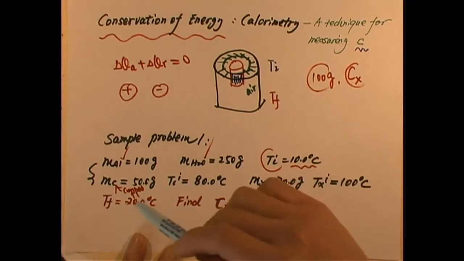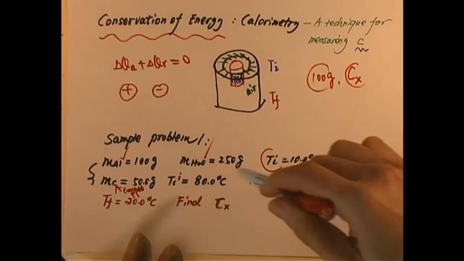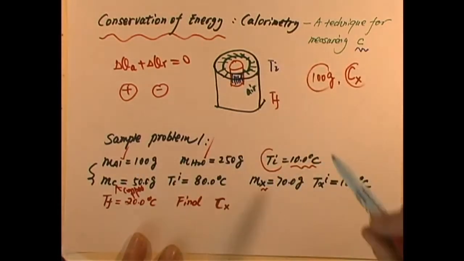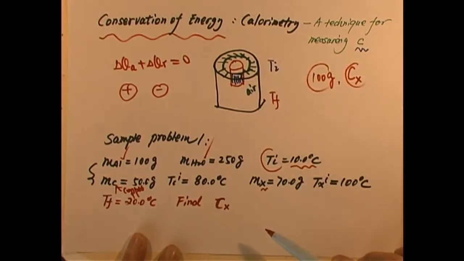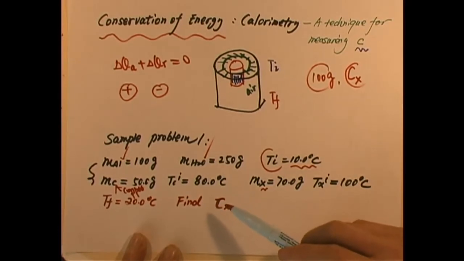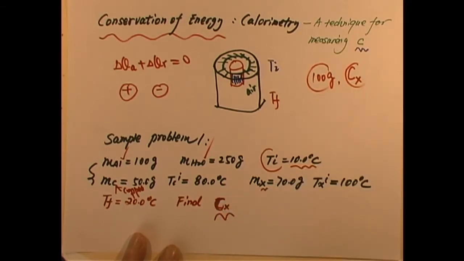We mix the copper and unknown solid with the water and aluminum, and place everything inside the calorimeter system. We find the final temperature comes out at 20 degrees Celsius. From there, we want to find the specific heat, C, for this unknown substance.